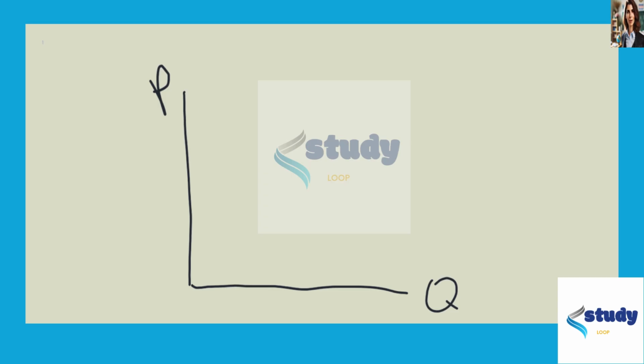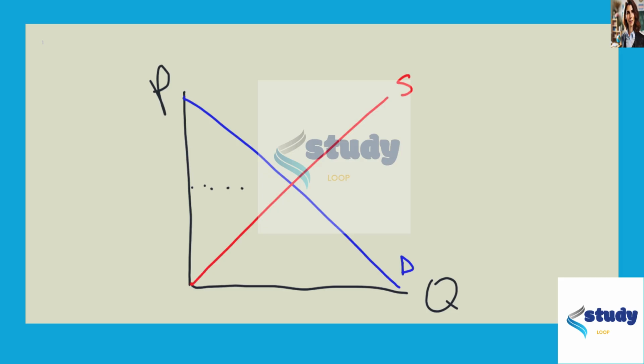Let's draw our demand curve, and let's draw a supply curve. So we start off with a price about here and a quantity about here. Now let's impose a tax. We have a new quantity and new prices.